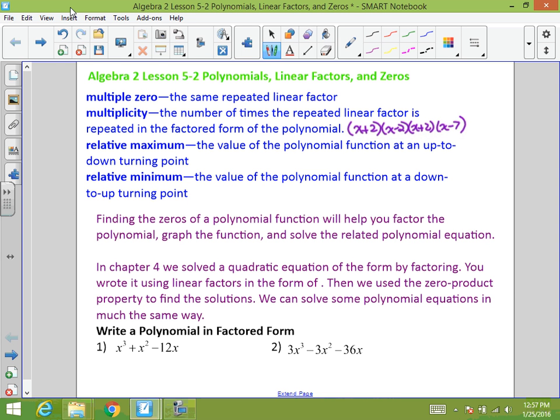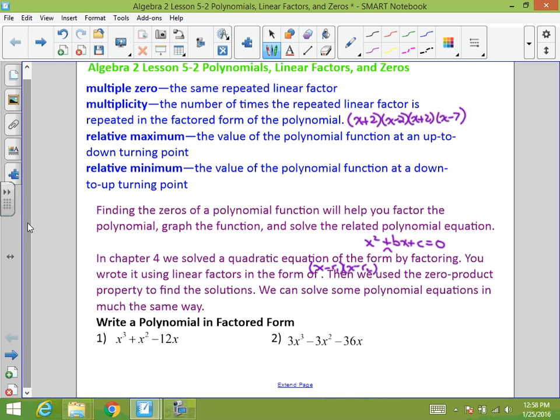You wrote it using linear factors in the form x minus r sub 1 times x minus r sub 2, or x plus r sub 1, x plus r sub 2. Then we use the zero product property to find the solutions. We can solve some polynomial equations in much the same way. Okay, not all, but many of them can be.